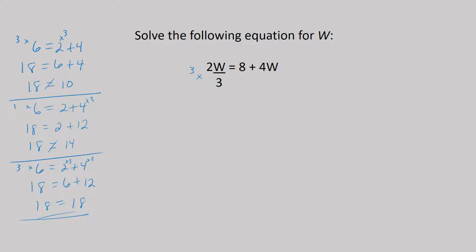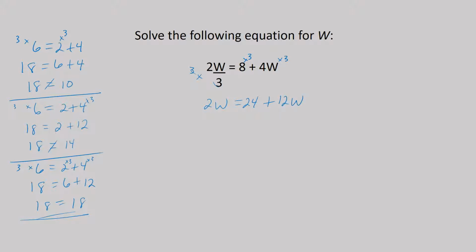Just like we did in the 6 equals 2 plus 4 example, I'm going to multiply the 8 times 3, and I'm also going to multiply the 4w times 3. Remember, we're doing both of them, just like in the previous example. Now the 3's cancel each other out, so I have 2w equals 8 times 3, 24, plus 4w times 3, 12w.